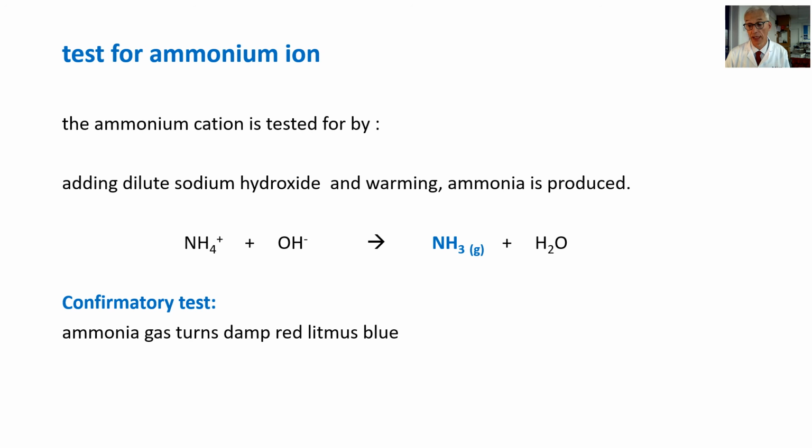So if you dangle a piece of damp red litmus paper into the top of the test tube in which your ammonium and sodium hydroxide is reacting, you should find, if you have ammonia, that red litmus paper will turn blue. As before, this is very factual, it needs to be known.